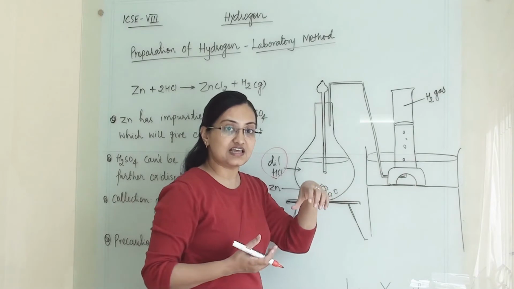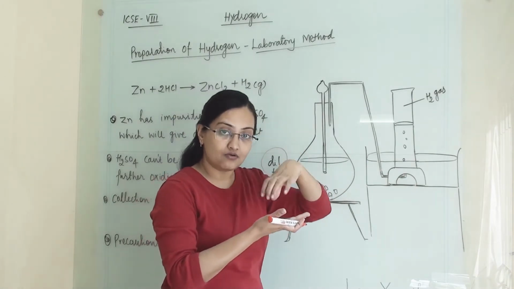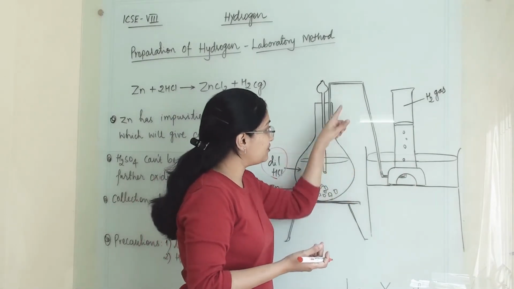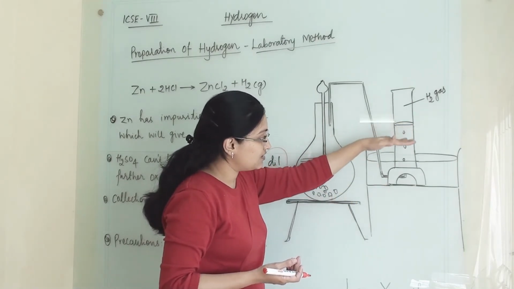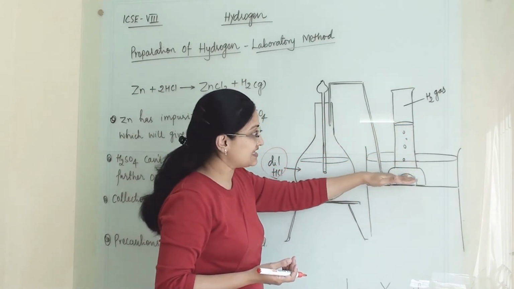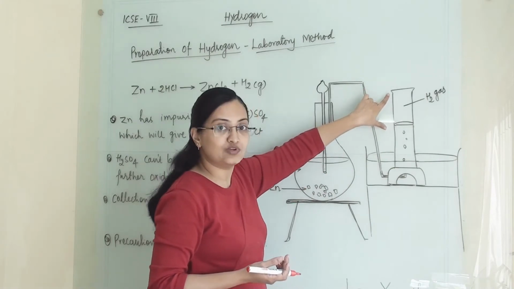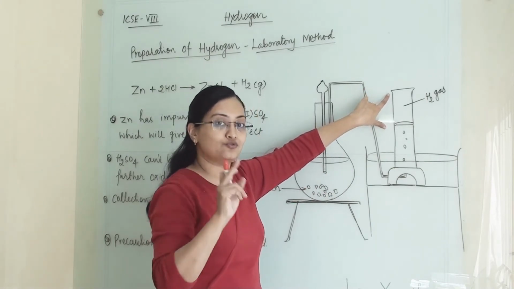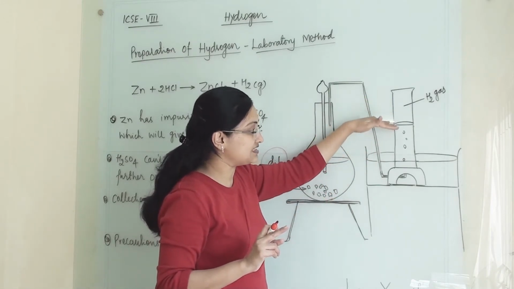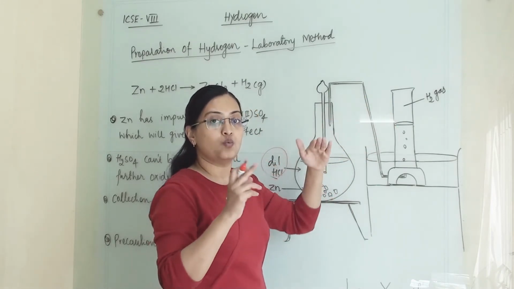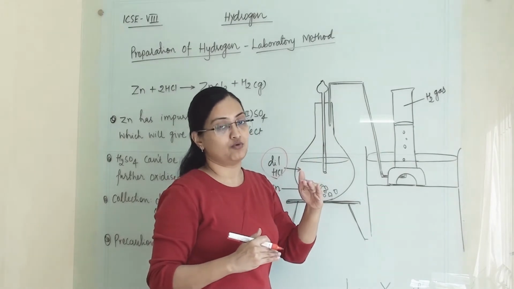That means this gas jar is placed in a water bath. As the hydrogen gas comes through this gas pipe, the water will come out of this gas jar and that place will be occupied by hydrogen gas.